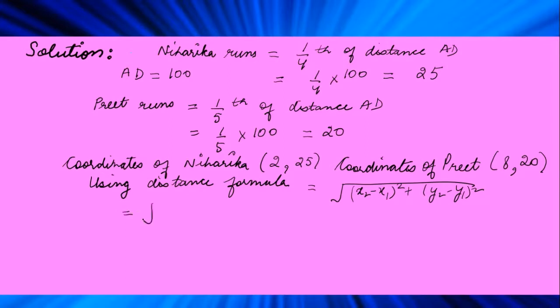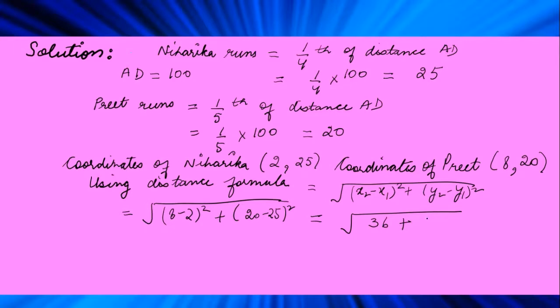So it will be 8 minus 2 square plus 20 minus 25 square. So 8 minus 2 is 6, 6 square is 36, plus 20 minus 25 is minus 5, square is 25. So it will be under root 61.